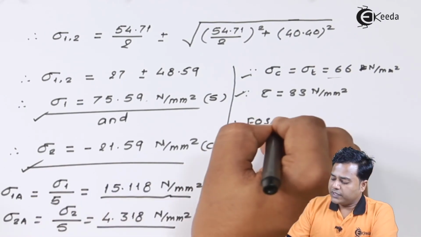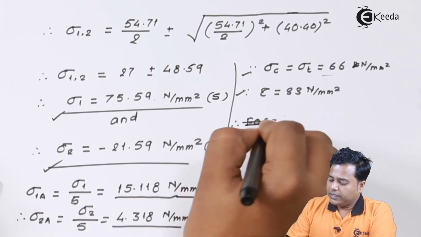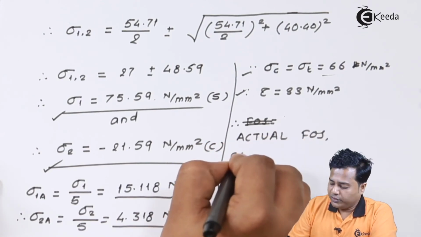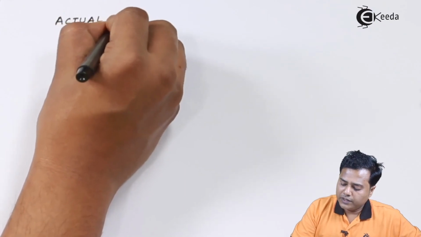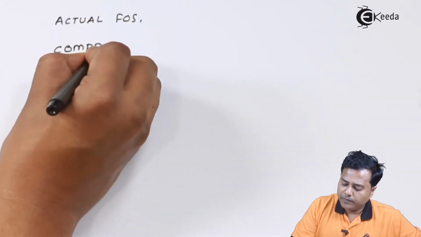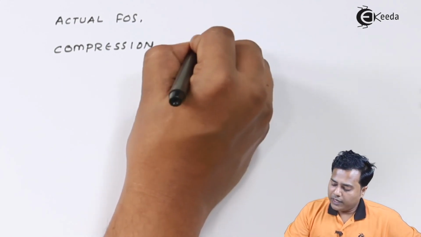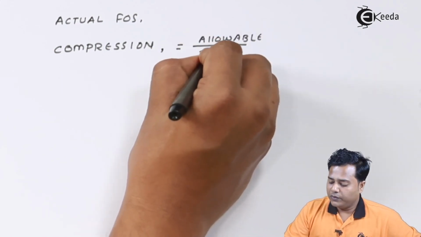Therefore, the actual FOS in compression is given by, as we know, allowable value divided by the working value.